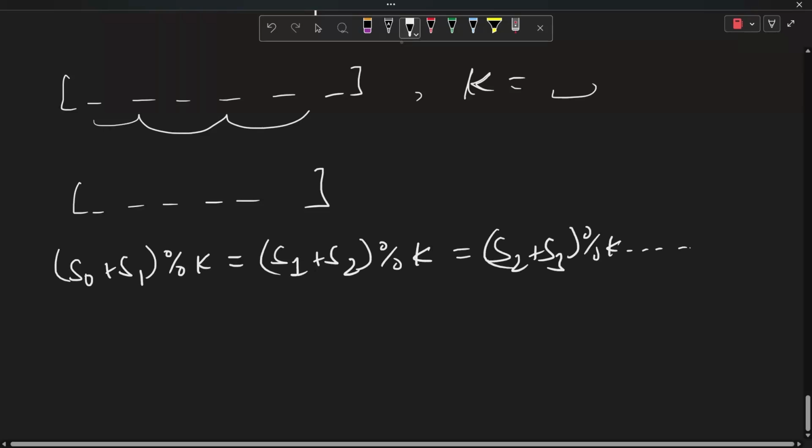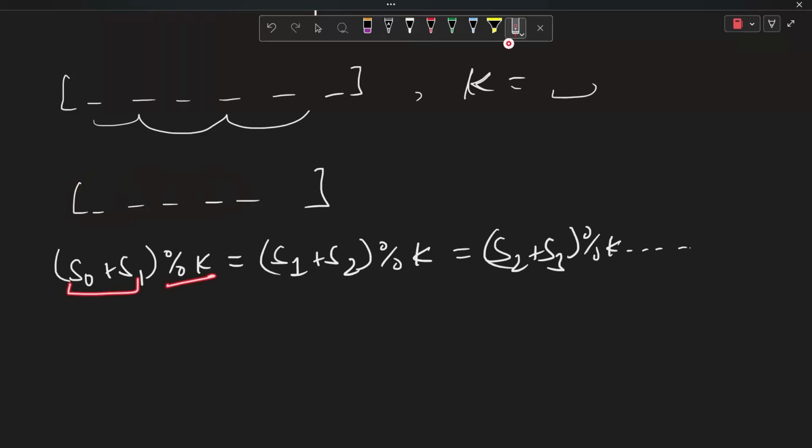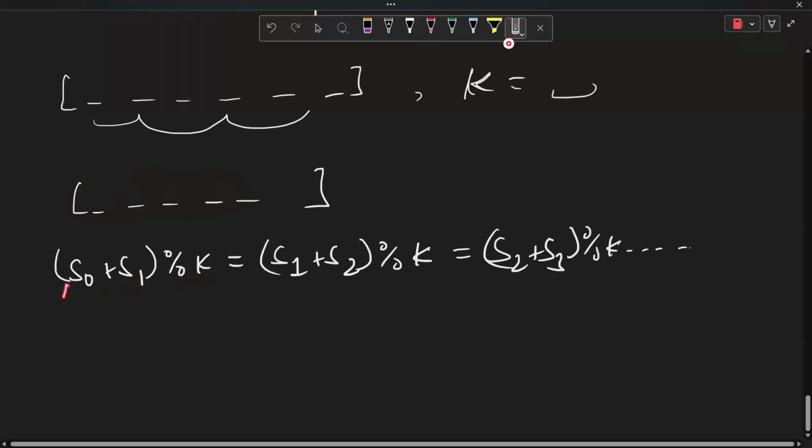So now the condition is for all the two consecutive elements, the sum of them mod K should be equal. Now, what do you mean by sum mod K? Let's take an example.